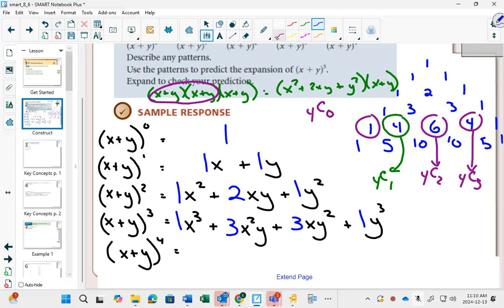And what our brains should be doing right now is saying, ooh, I saw some of you realize one pattern already. Could you write the next row without actually multiplying out x plus y times x plus y times x plus y times x plus y?